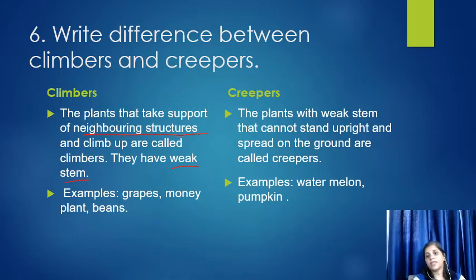Even the creepers have a weak stem, but they cannot stand upright and just spread on the ground. The examples of the climbers are grapes, money plant and beans, while the examples of the creepers are watermelon and pumpkin.